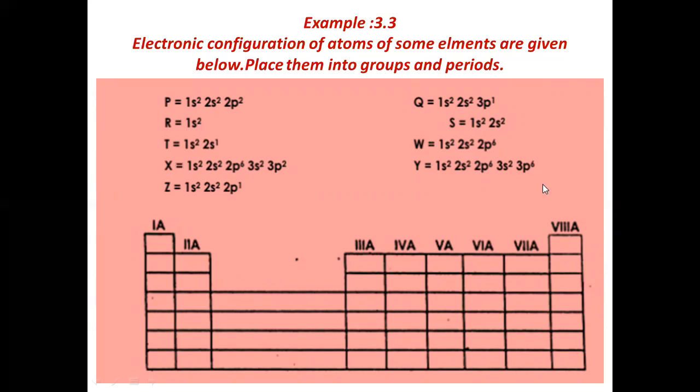This is only for helium, so R must be helium, because the outermost shell is completely filled. The first shell is the outermost shell, and the first shell can accommodate a maximum of 2 electrons. So this is the correct position of R.